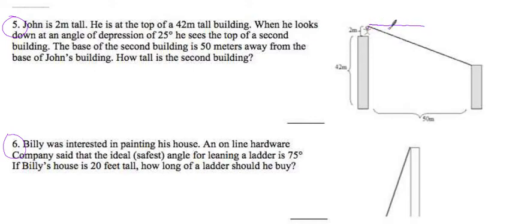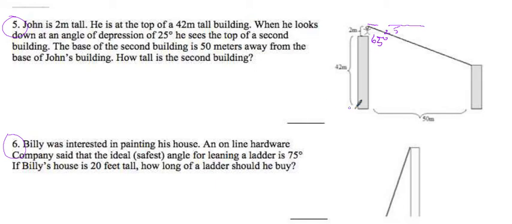So this is 25. So this bit has to be, oh, not 75, 65, right? Because it has to add up to 90. So this is 65. This is 25 here. This is 65. That gets you to 90.